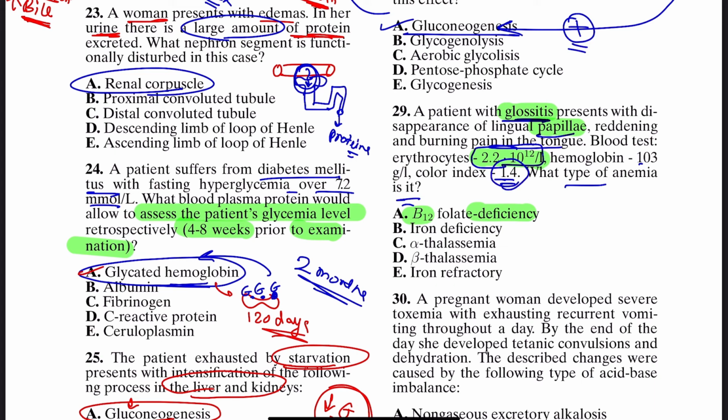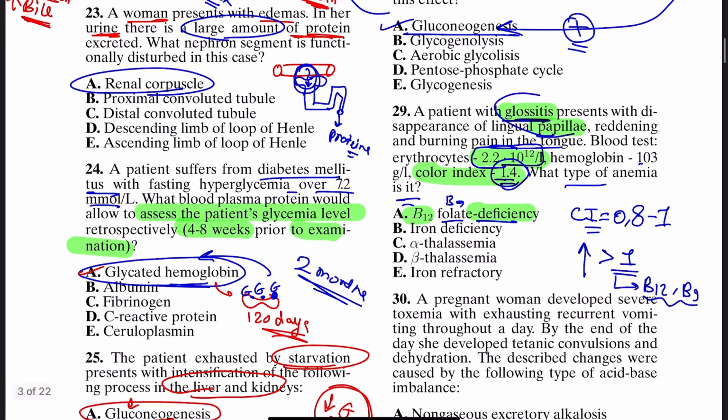This is very important, color index. Guys, normally it's 0.8 to 1. More than 1 is a high color index. We see it in B12 or B9 deficiency anemia. So B12, folate, B9 deficiency anemia. And one of the characteristics of B12 deficiency anemia is shiny tongue.